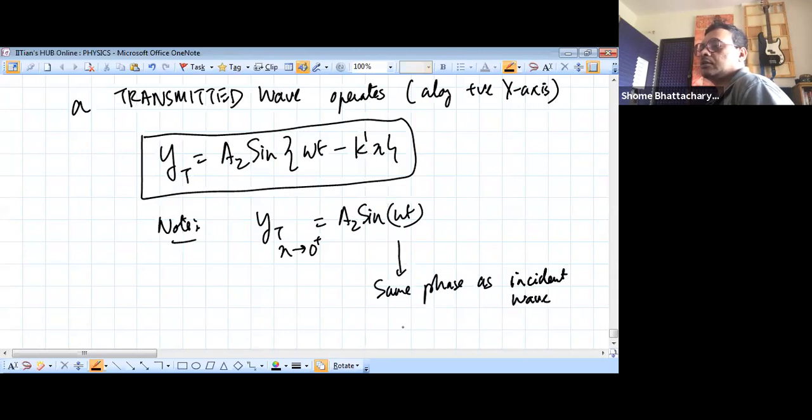Okay, at that point, the incident wave at x equal to 0 minus is creating E naught sine omega t. So it should be in the same phase and of course the same frequency. Okay, so therefore same omega.